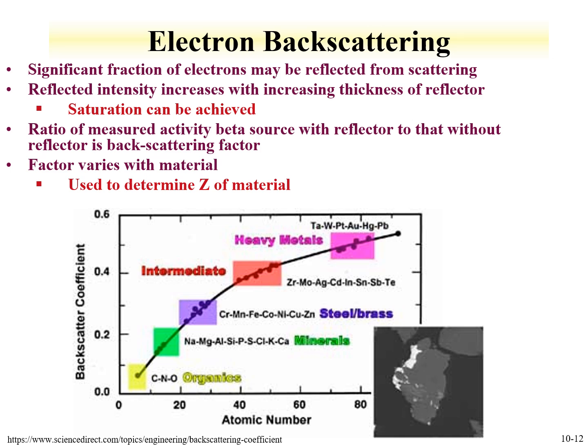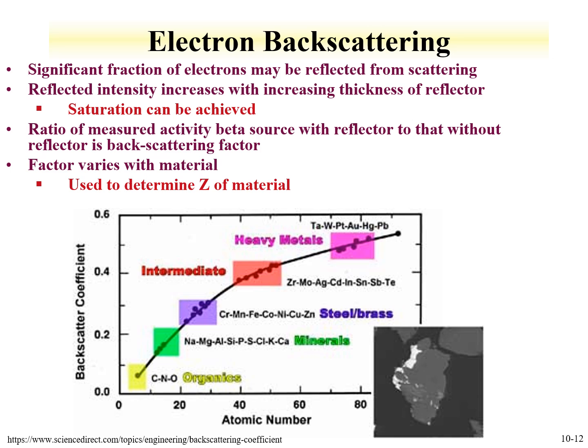This behavior of electrons, particularly how one could scatter electrons, is actually used in analytical methods. A significant fraction of electrons can be reflected from scattering. And the intensity of this reflection increases with the thickness of a reflector, and you can actually achieve a saturation where electrons can be entering material and then scattering back out.